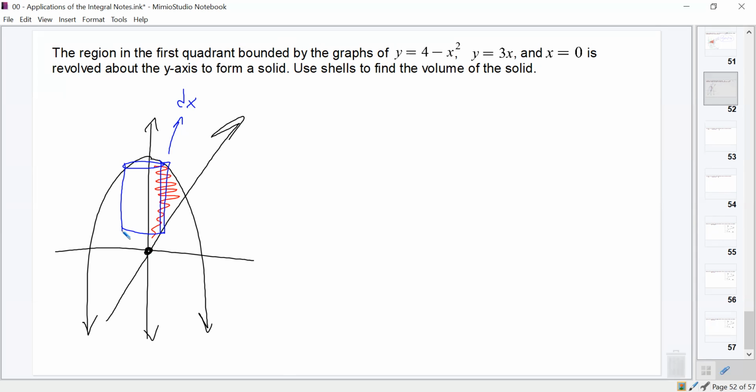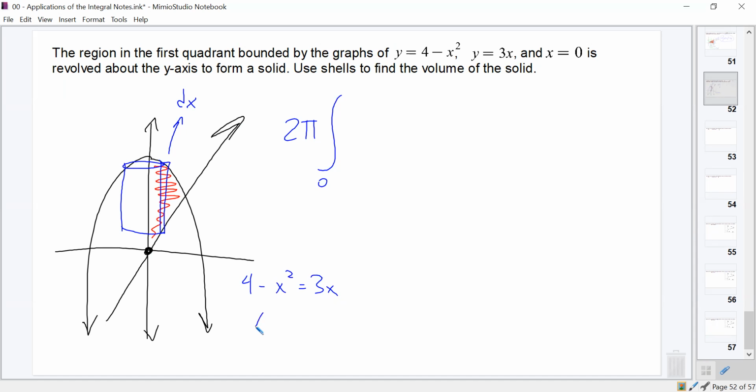So we're going to start our integral off with a 2 pi, and we know we're going to integrate from the left bound of our region to the right bound of our region, which is going to be 0 for the left bound. But to find the right bound of our region, we're going to have to set 4 minus x squared equal to 3x.